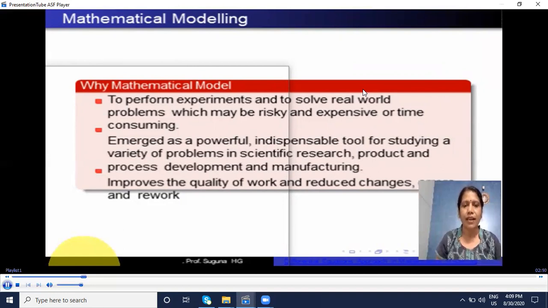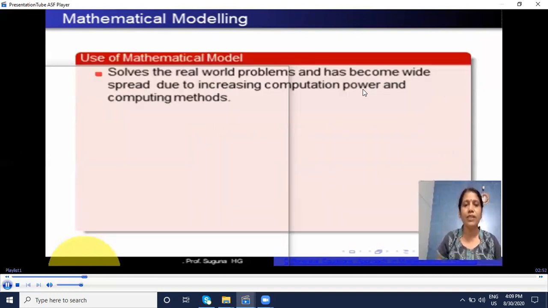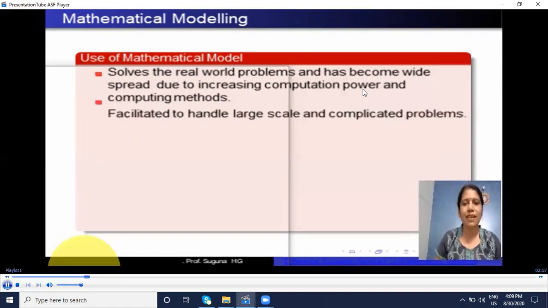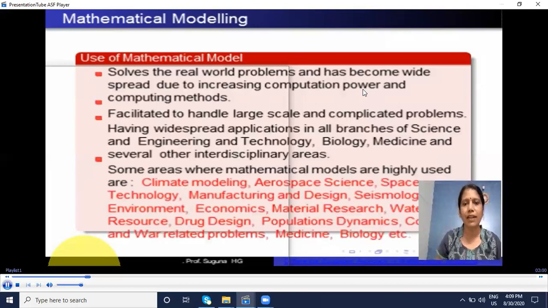And what is the use again? It comes into your mind. So the uses are, it solves the real world problems, as I said, and it facilitates handling complicated problems and has widespread applications in all basic sciences, engineering and technology, even in medicine.